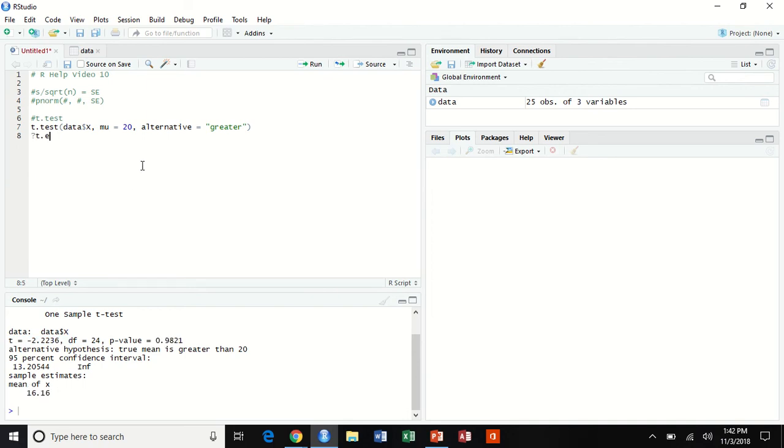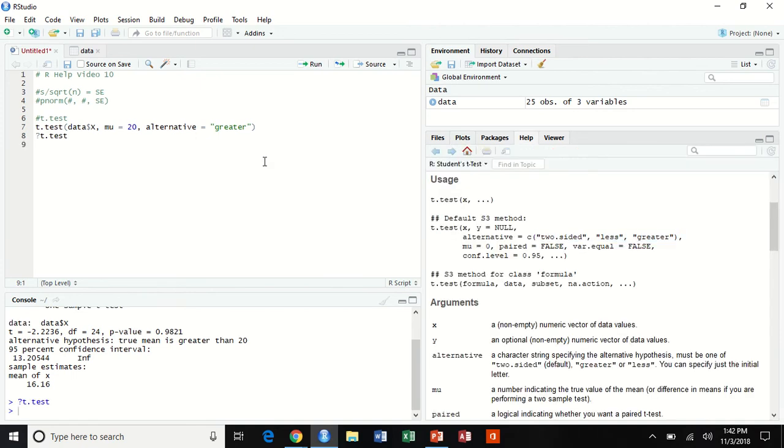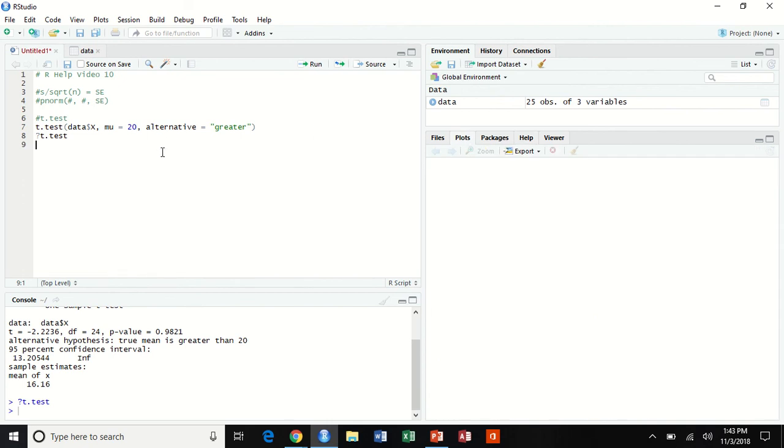If you forget what alternatives you can put in, you can type question mark t-test, and then you can see it's two-sided, less or greater, depending on what you're looking for. Okay. Now that we've talked about t-test, and again, these will be given to you by the problem.